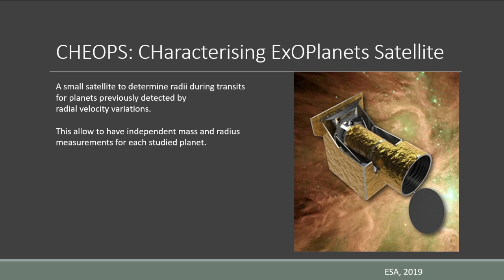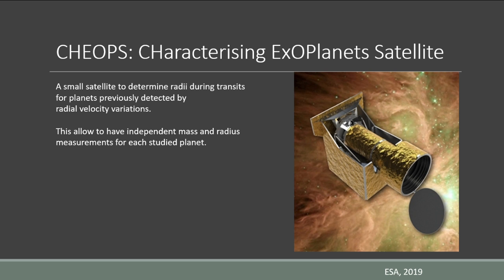The idea is that people observe planets already discovered. Planets discovered with measurements of radial velocity variations are observed to find transits for the same system, and the combination of two different methods for one planet allows you to obtain additional information about the physics of the planet.